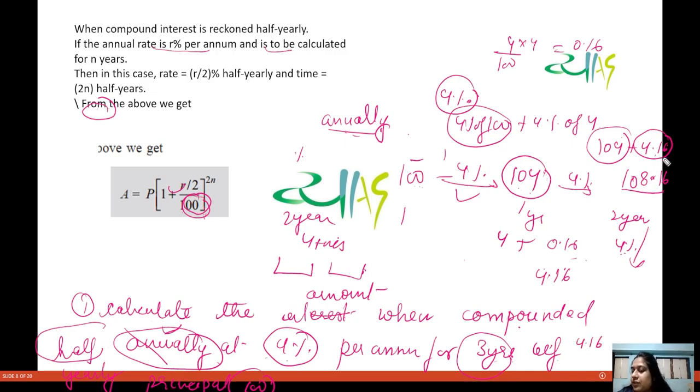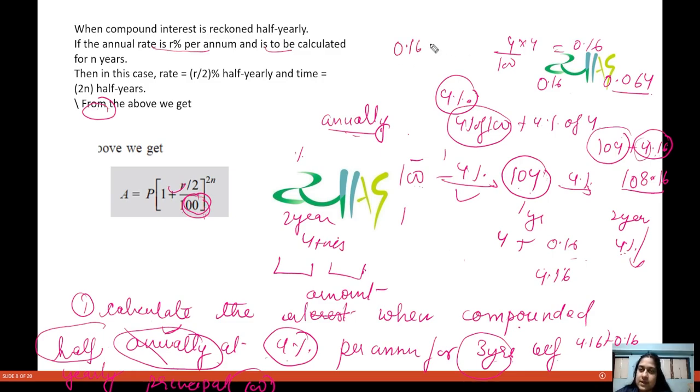Now you just have to calculate the 4% of 4.16, but you also know that 4% of 4 is 0.16, so just add 0.16, and you just have to calculate 4% of 0.16. So what is 4% of 0.16? It will be 0.064.